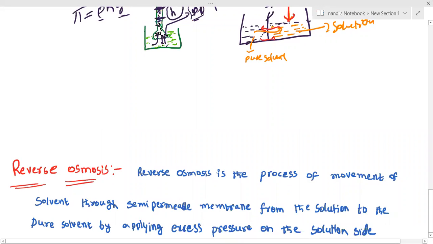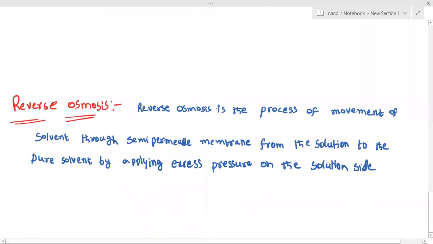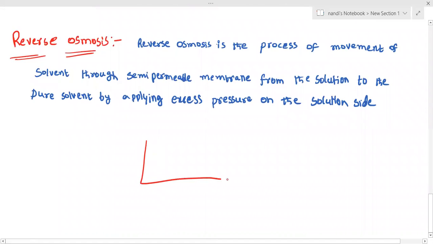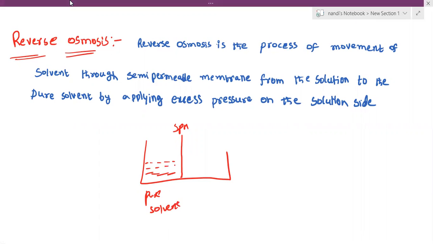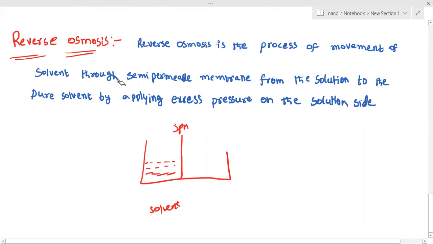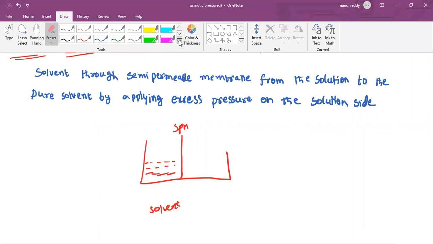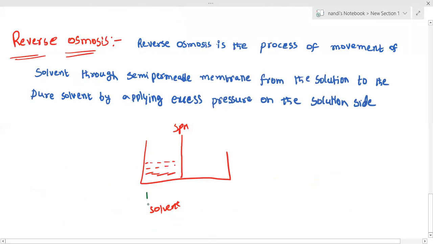Then reverse osmosis. Here we are applying external pressure. Same thing here. This is a semi-permeable membrane, this is pure solvent, and this is solution. Suppose they are existing in equilibrium with each other.